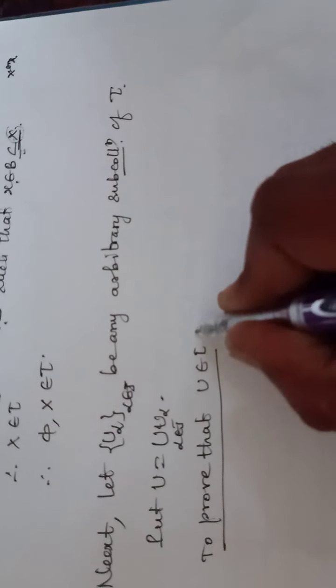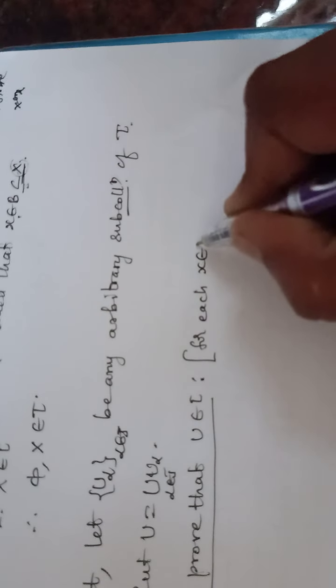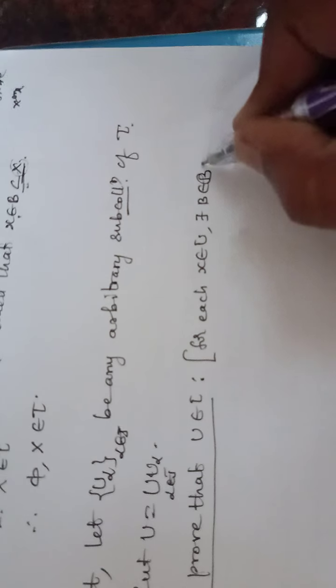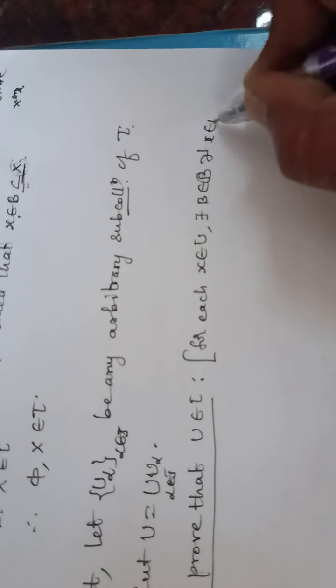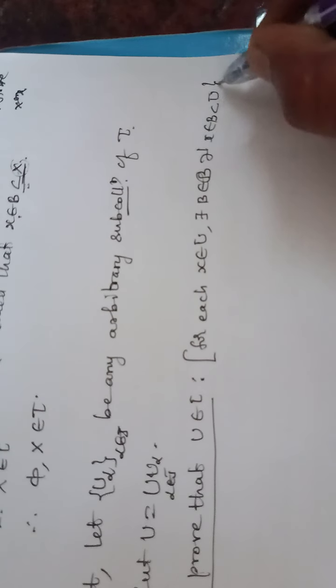But to prove that U belongs to tau, we need to prove that for each x belongs to U, there exists a B belonging to the basis such that x belongs to B, which is contained in U. This is from the definition.